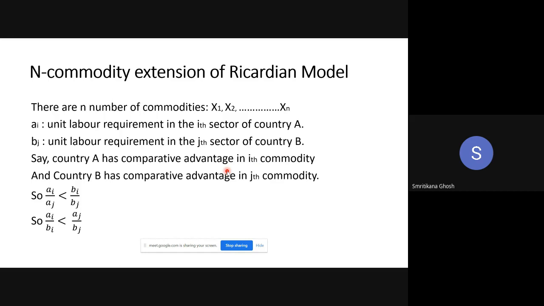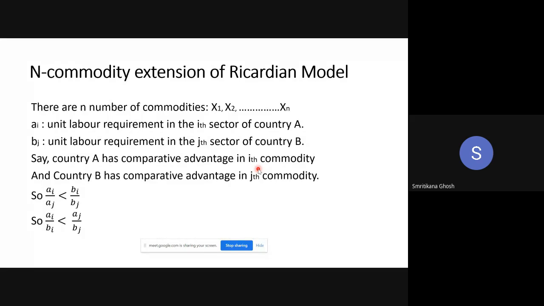So what does it mean? It means that country A needs relatively lesser amount of labor to produce the ith commodity as compared to country B. Is that sentence clear to you?